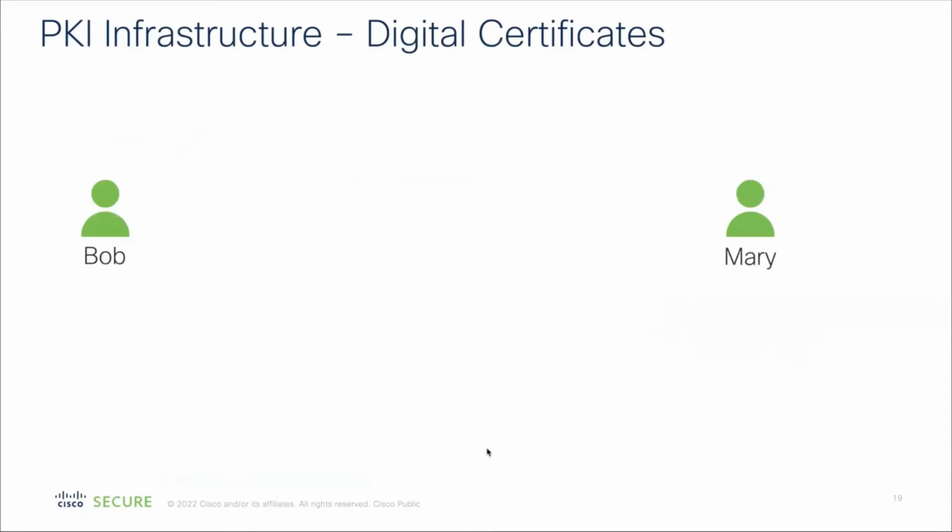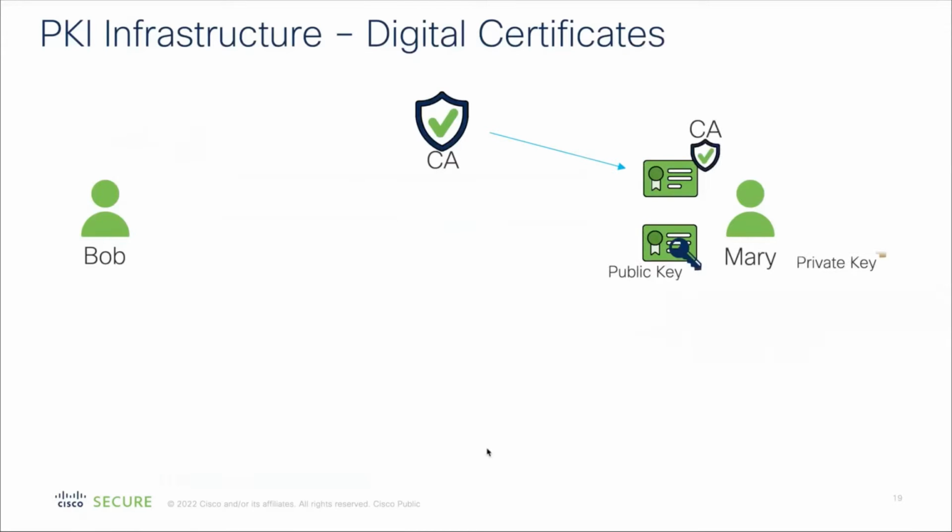Instead of sending the public key straight away, Mary can now get a certificate with details like her identity, username, email address, or phone number. Those identity details are imprinted in the certificate, and she can get the certificate signed by a certificate authority.